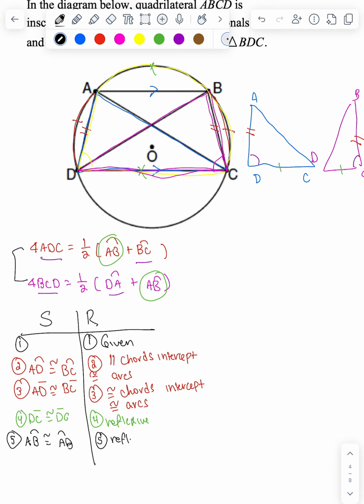And that is also the reflexive property. And then I definitely want to use addition here. So let me start with the arc that angle ADC intercepts. So let me start with arc ABC. That's arc ABC. And then after that, we'll do the arc that angle BCD intercepts, which is DAB.